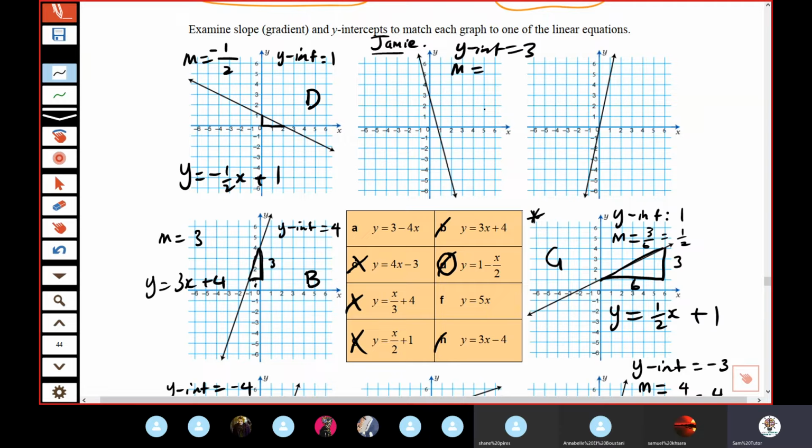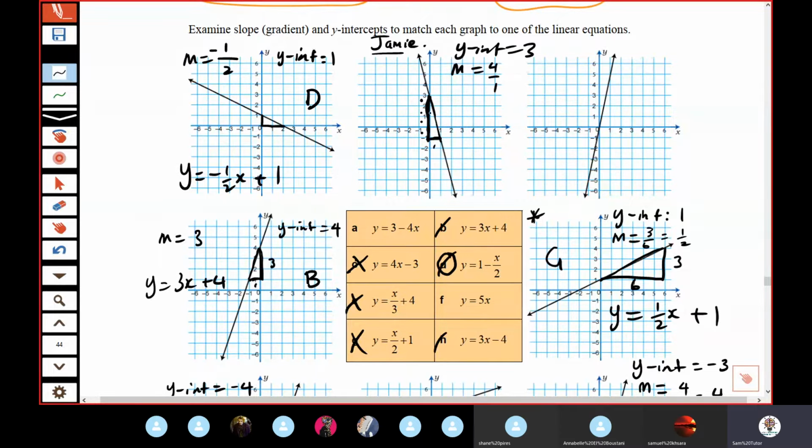Gradient. We've got to create a triangle. I will create it right there. What's my rise from 3 to -1? That's 1, 2, 3, 4. 4 over 1.